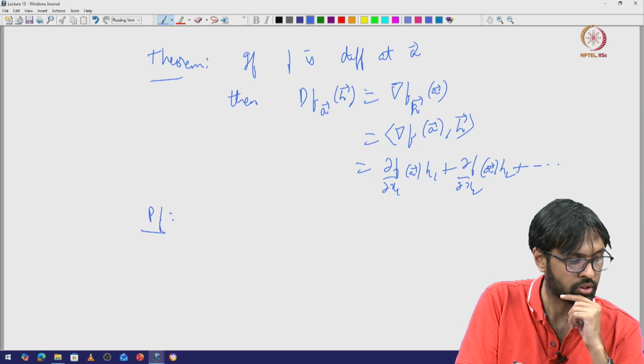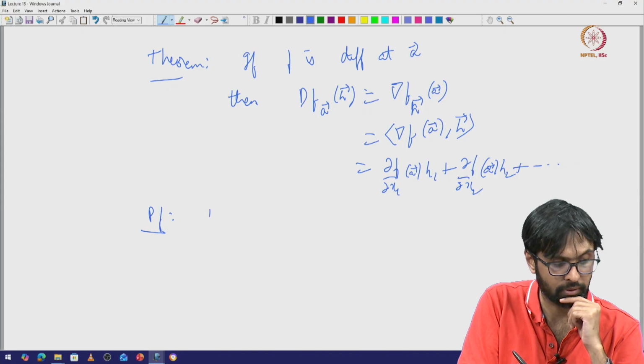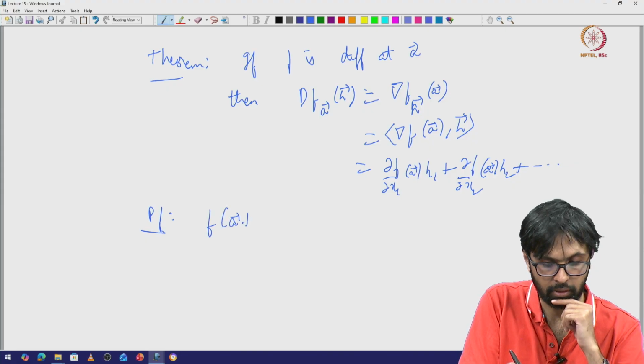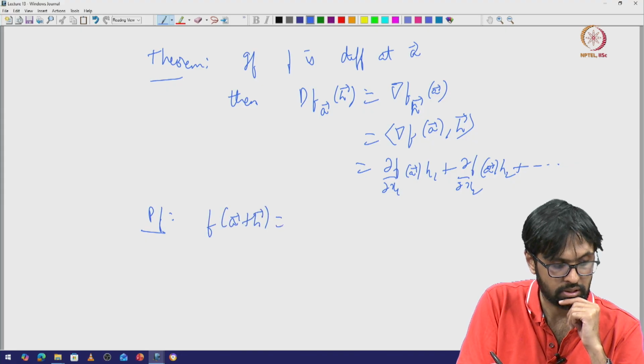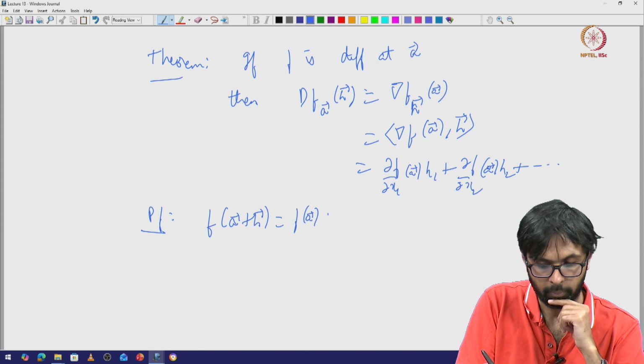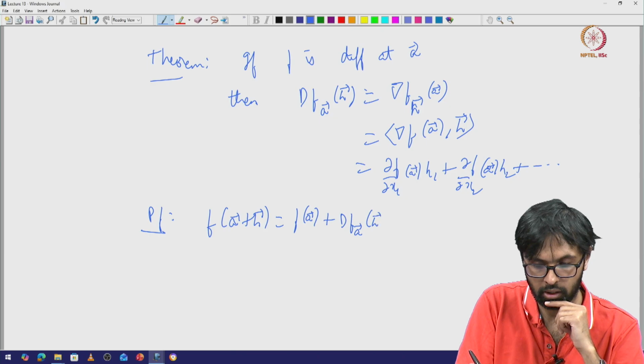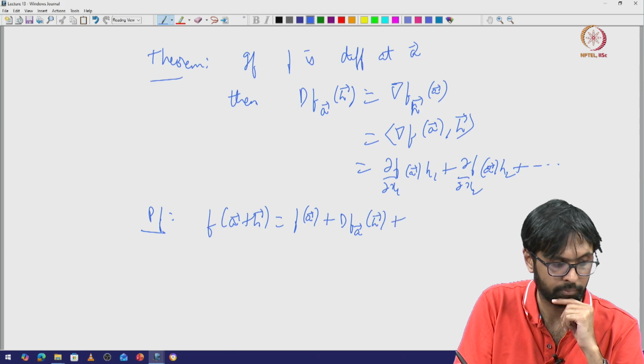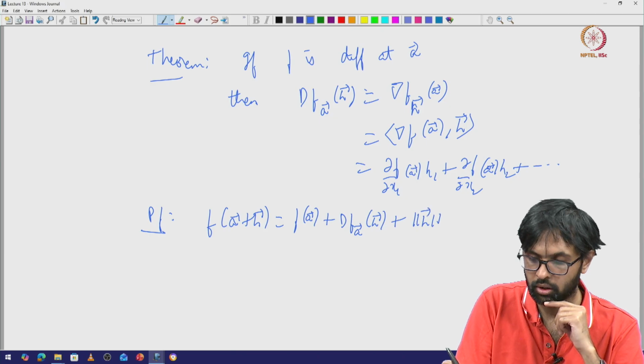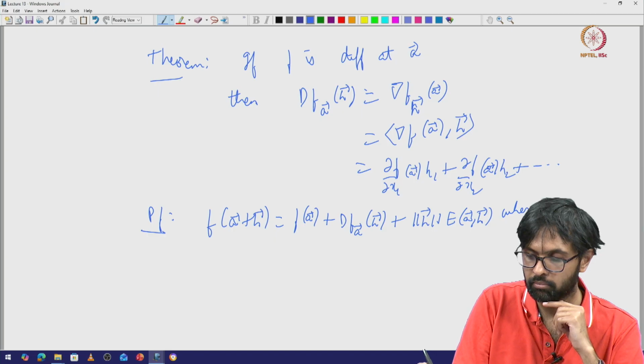So what does differentiability mean? f of a plus h is f of a plus the derivative of f at a applied to h, plus an error term times the norm of h, where this error term goes to 0 as h goes to 0.